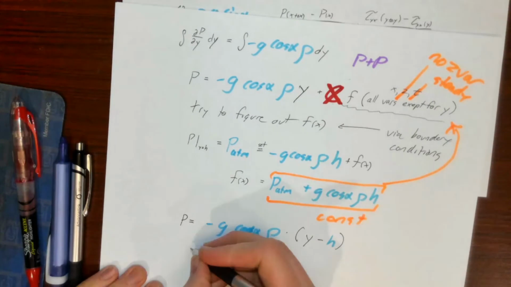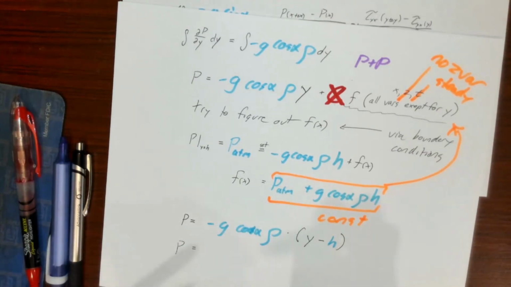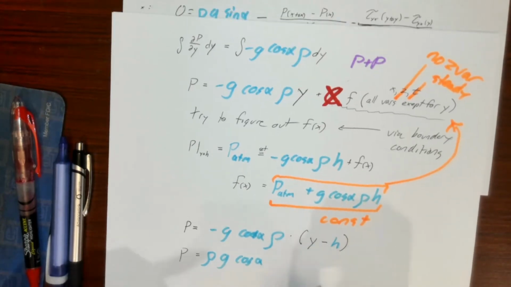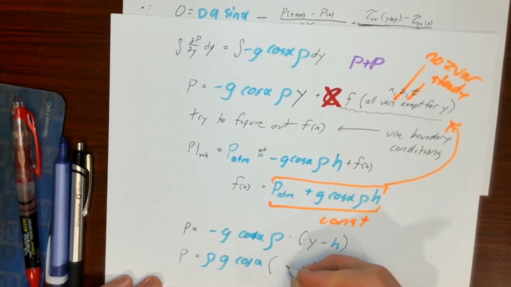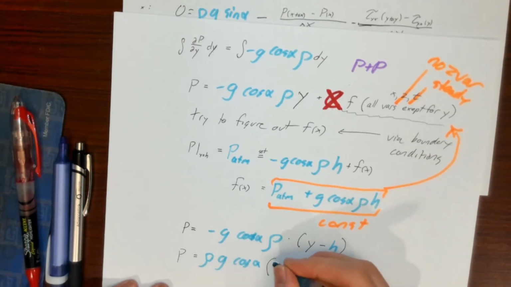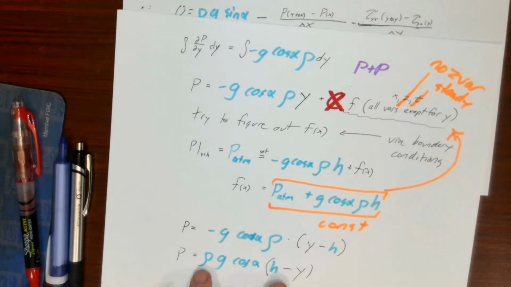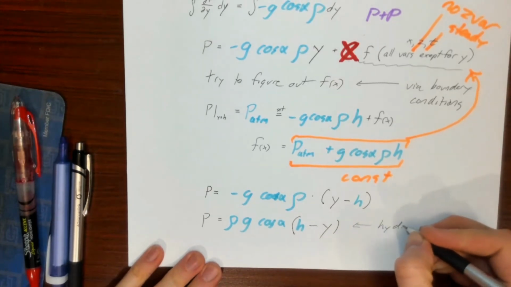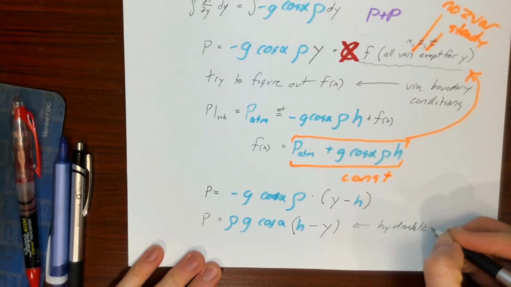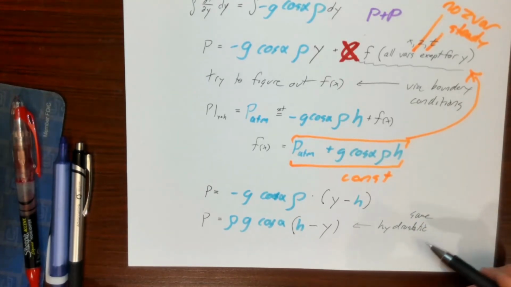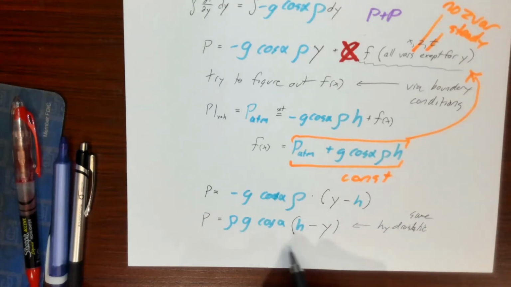Or if you wanted to put this a little more compactly, we could say it's rho g cosine alpha times h minus y. And this actually turns out to basically be hydrostatic. So even though sometimes fluids move, under some circumstances you can still get the equivalent of hydrostatic pressure, even if the fluid is moving.